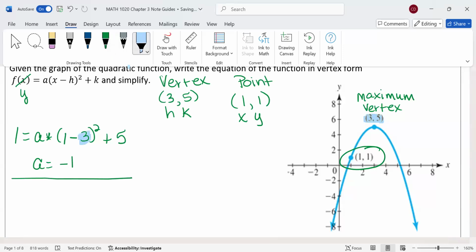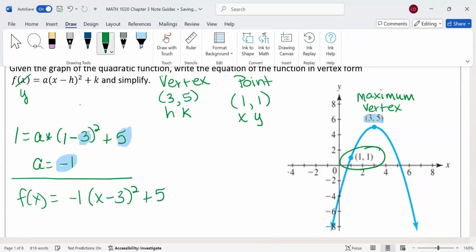The things we're going to keep are the h and the k, and then we're going to put the -1 out front. So it's x minus h, which is 3 squared, plus k, which is a positive 5. Now, if we have like a -1x, we don't put -1x, we put -x.